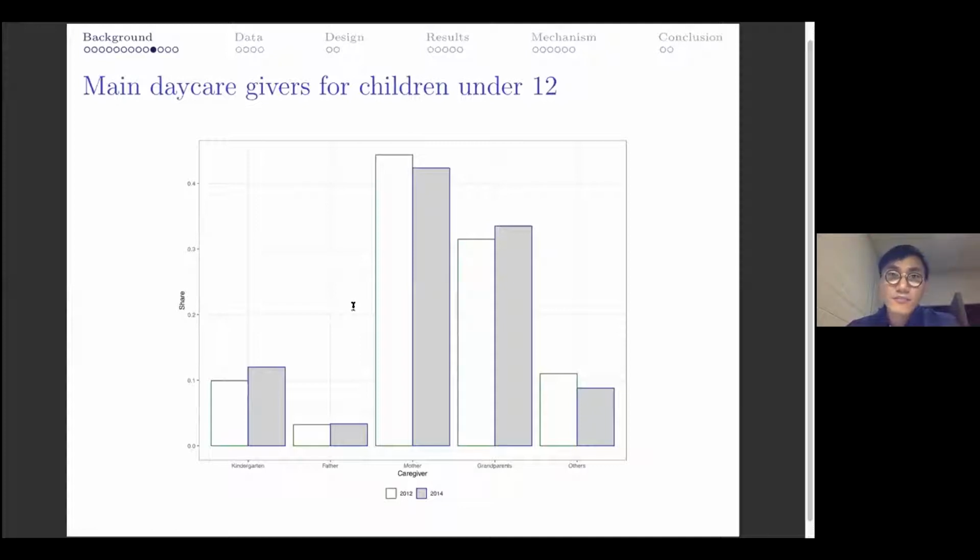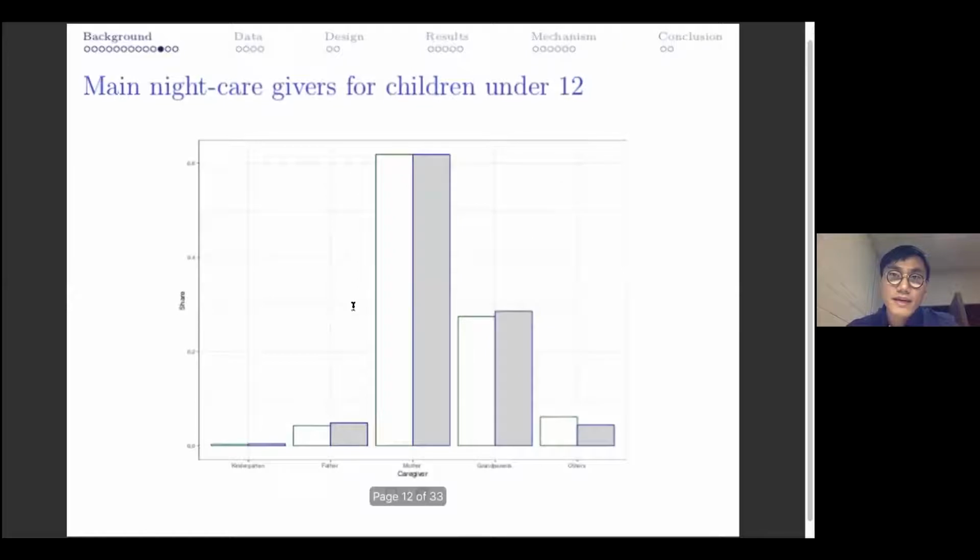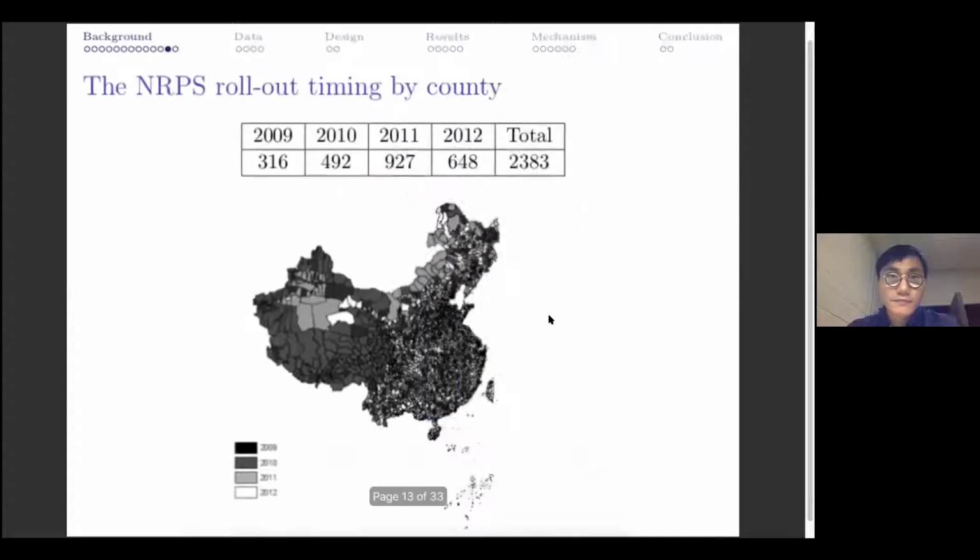The data comes from the China Family Panel Study. It is also around the same number, around 30%, during nighttime for their childcare.